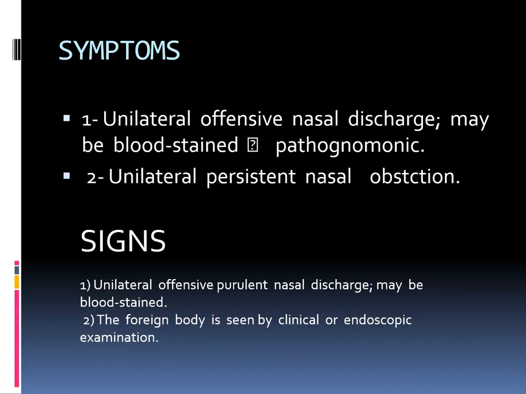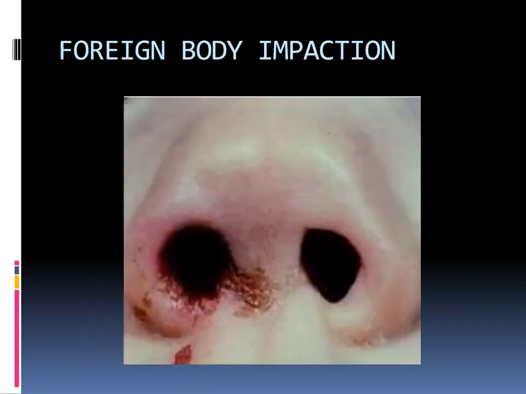And unilateral persistent nasal obstruction, because the foreign body is in just one side. On examination, you will see the offensive purulent nasal discharge, and the foreign body may be seen clinically by anterior rhinoscopy or by endoscopic examination.